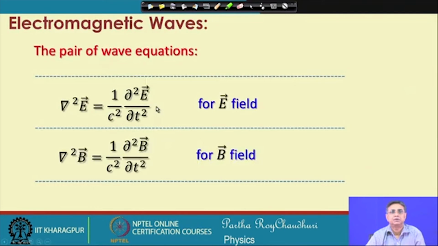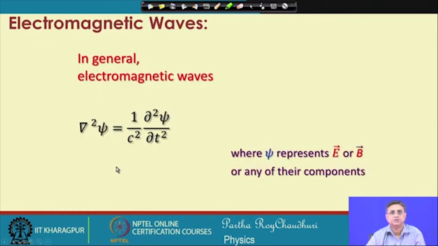So, the pair of wave equations in free space is represented by an electric field E vector equation and a magnetic field B vector equation, where c is the velocity of the electromagnetic waves in free space.